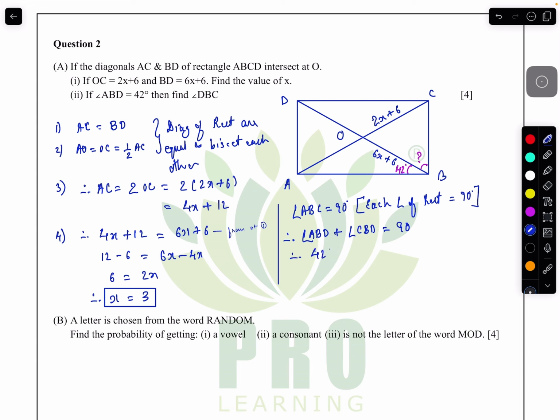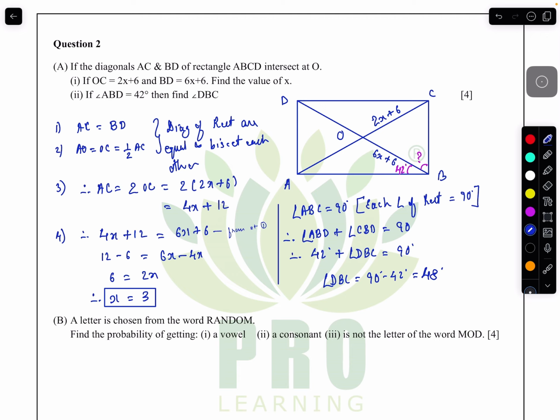Therefore, 42 plus angle DBC is 90. Therefore, angle DBC is 90 minus 42, which is 48 degrees. So we have solved question number 2.